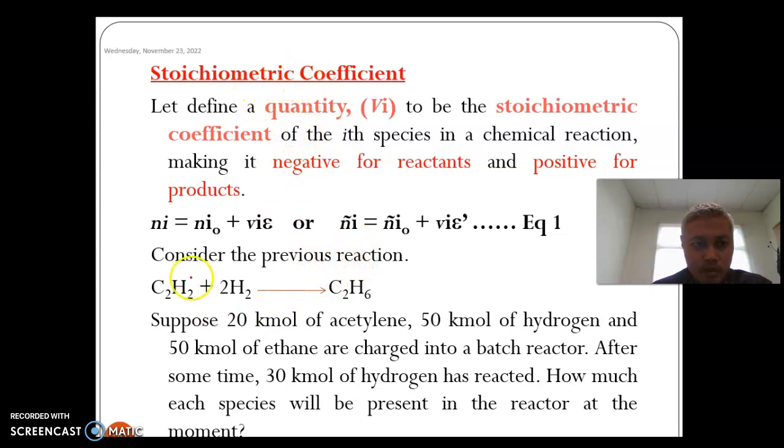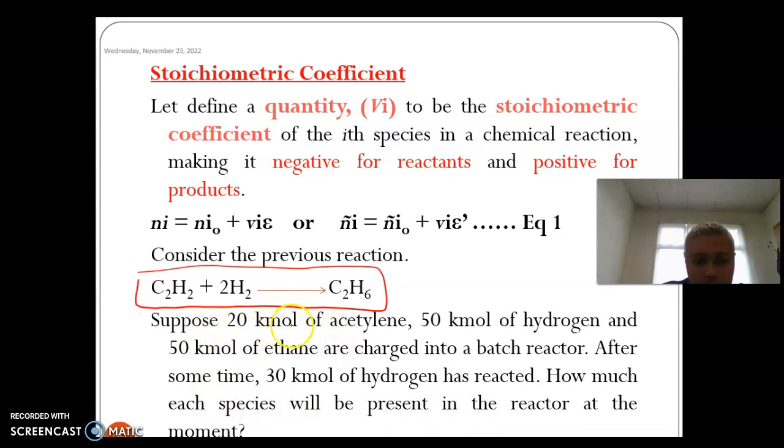Now we are in the last part of this topic, where we are going to learn about stoichiometric coefficient. In any chemical reaction, we need to put a negative sign for reactants and positive for products. If we have this reaction, then this is the information given.